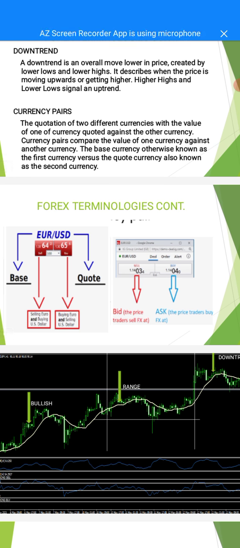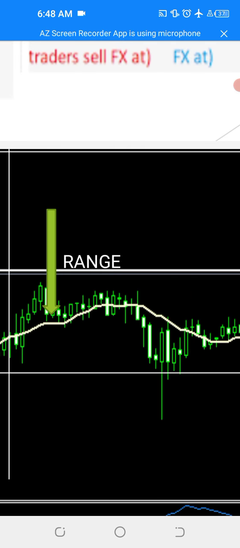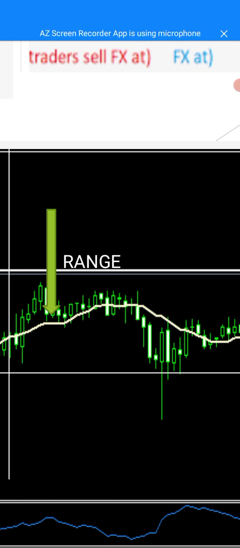The price consolidates here, between the upper horizontal line and the lower horizontal line.